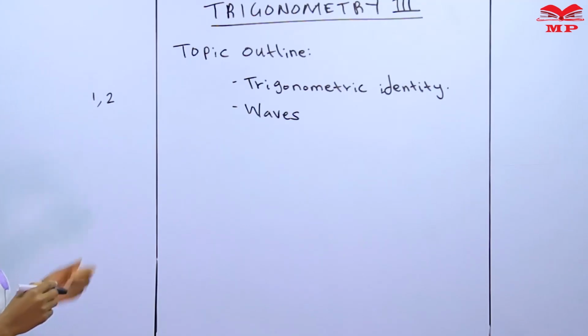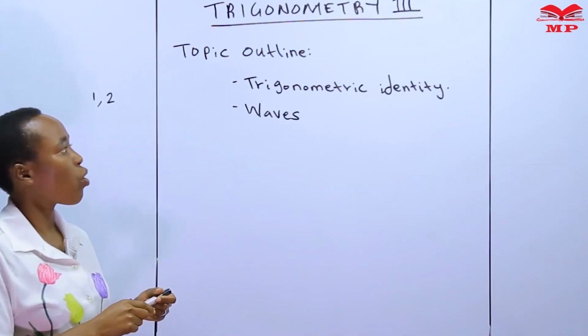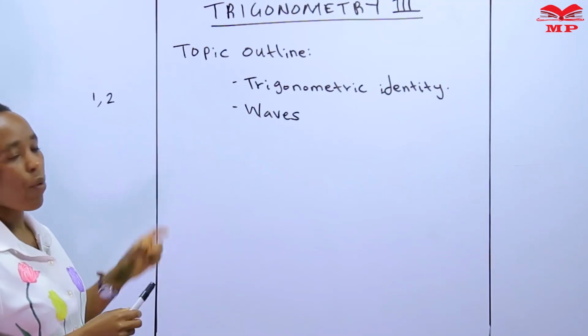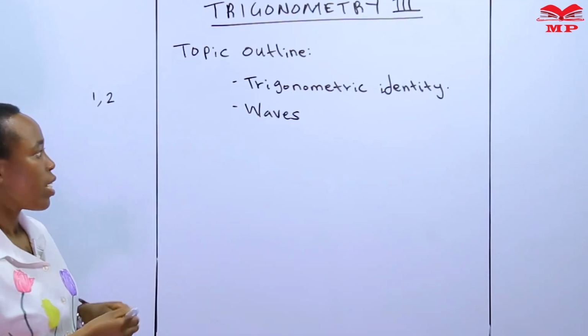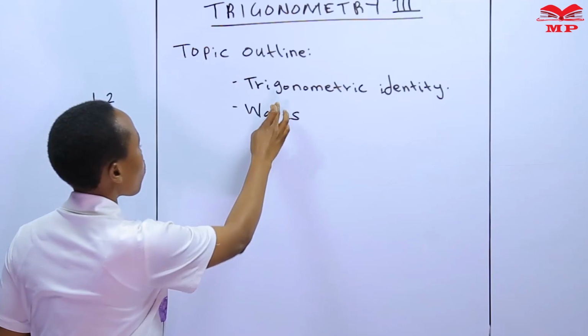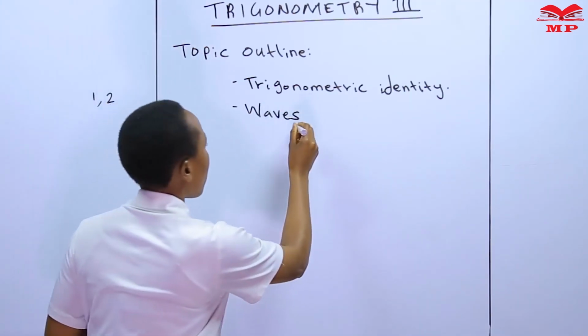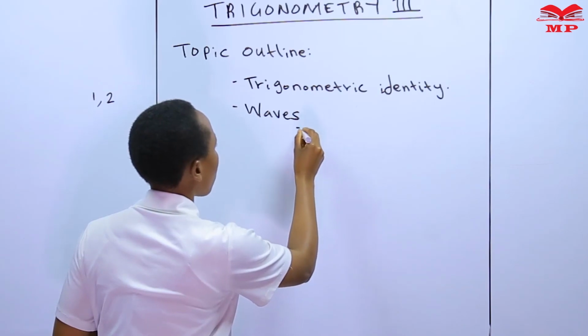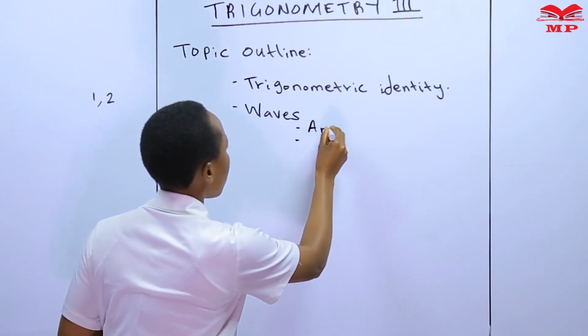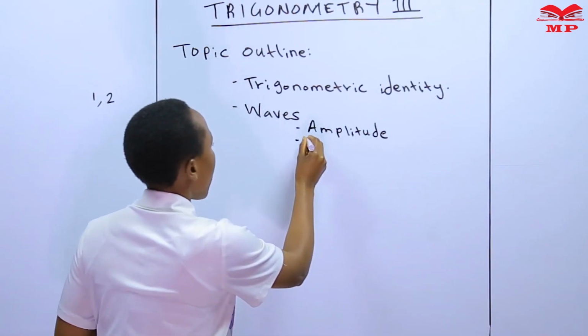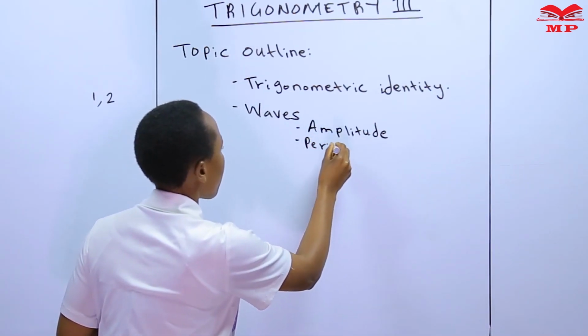In our previous topic, trigonometry 2, we looked at waves, how to plot waves. In this case now, we'll be able to plot them once again, and then we are going to calculate the amplitude. We'll be using the waves to get the amplitude and also the period.